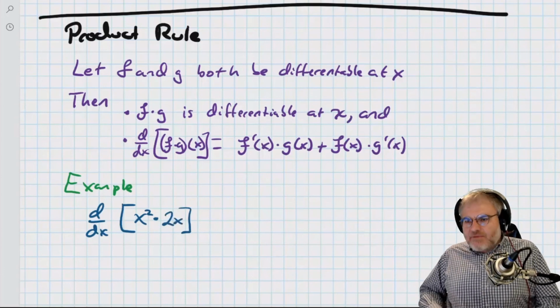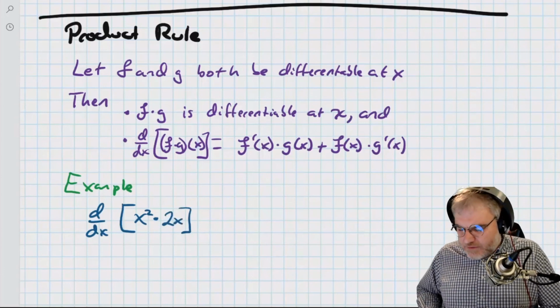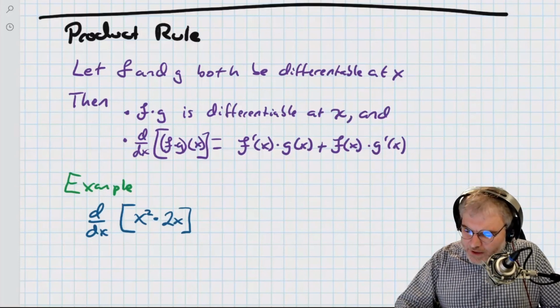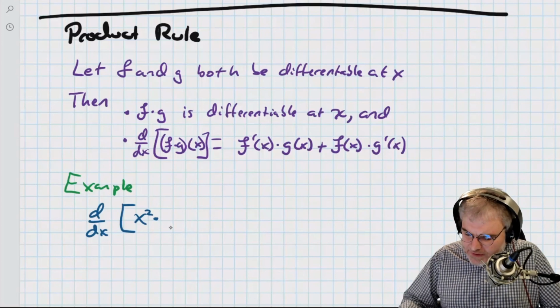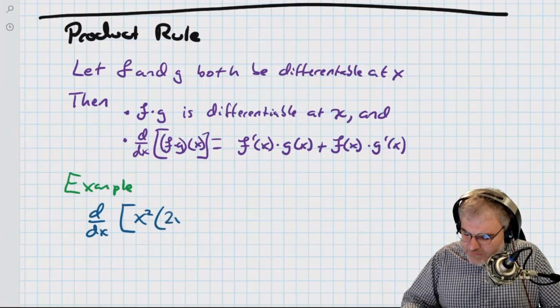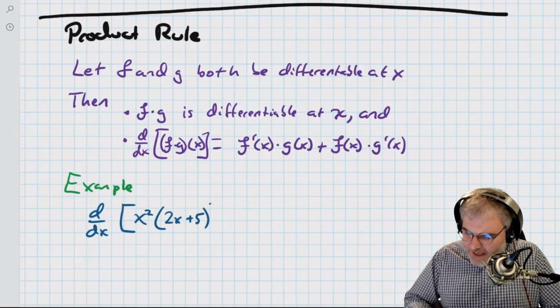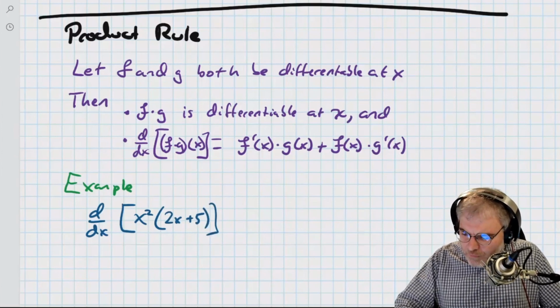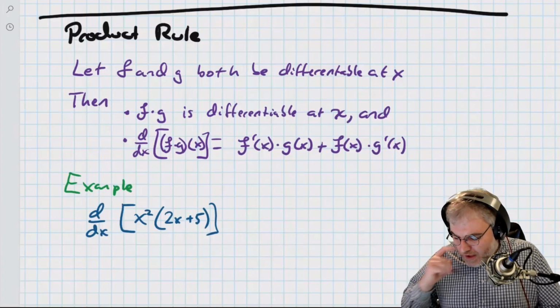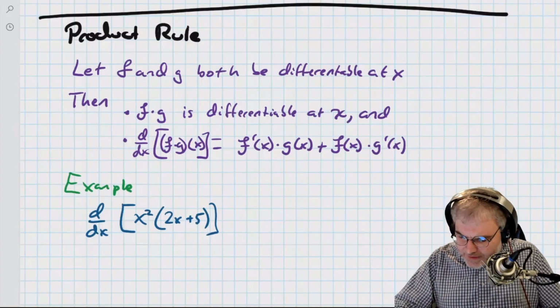Now, the obvious answer is multiply this out, right? So with the product rule, let's do something more complicated. Let's do x squared times 2x plus 5. Now, the appropriate way to do this is the power rule, but I want to show you something, and that's why I'm going to do it the more complicated way.